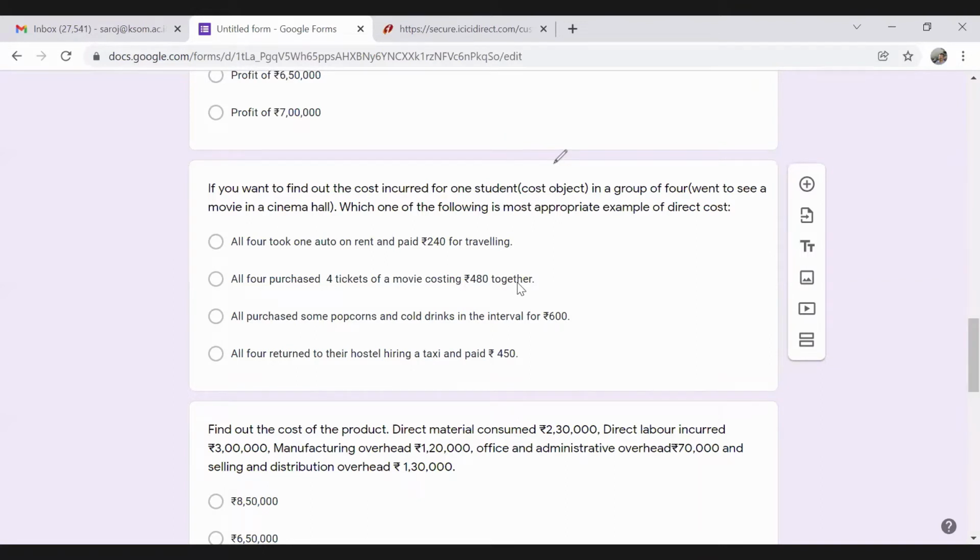Sir, what kind of expenses come under operating expenses? Operating expenses like administrative expenses, selling, distribution. Those expenses are called operating expenses. And sir, under operating expenses, depreciation doesn't come.